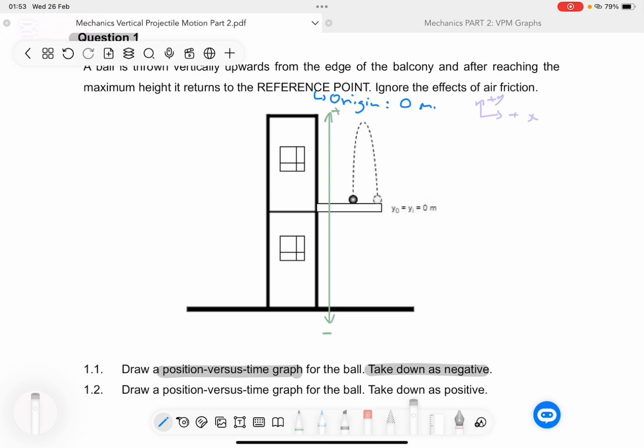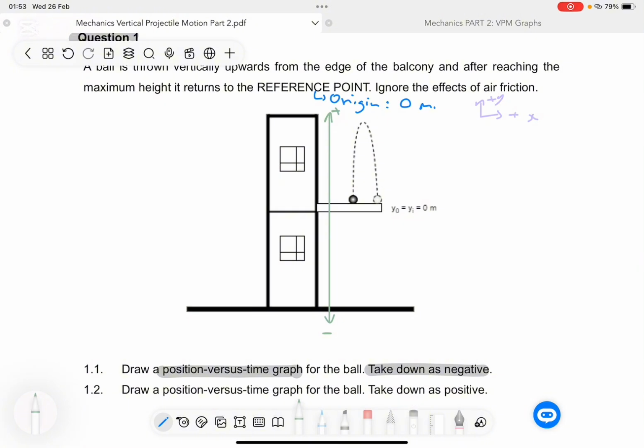This implies that any position above this point that the ball occupies as it goes up and comes down will be positive, and any position below this point would be negative because it will be going in the negative direction. I am only focusing on position here.